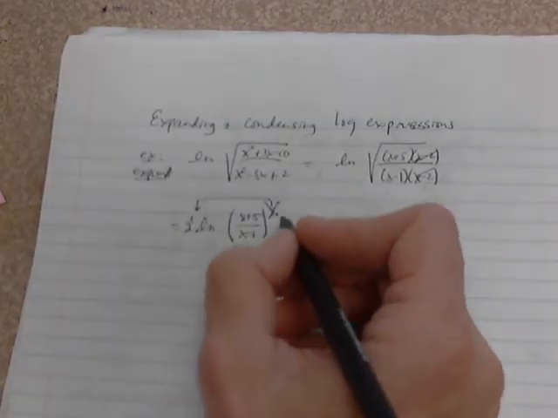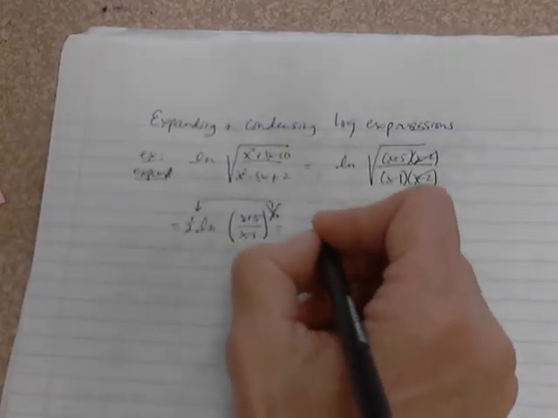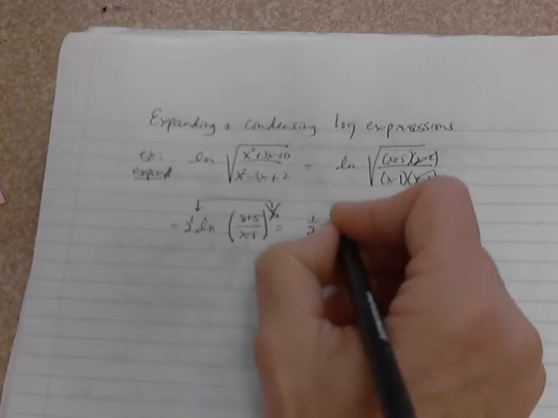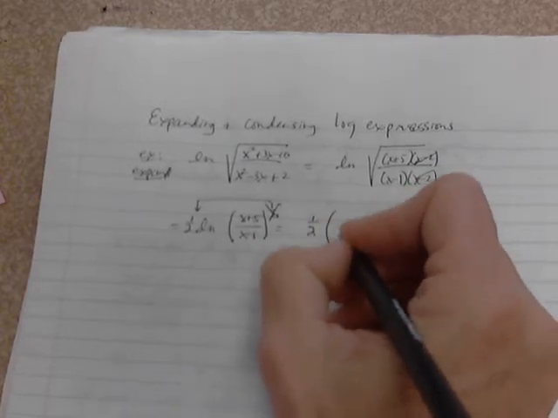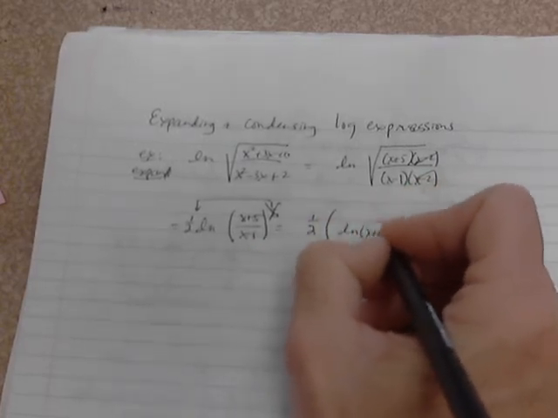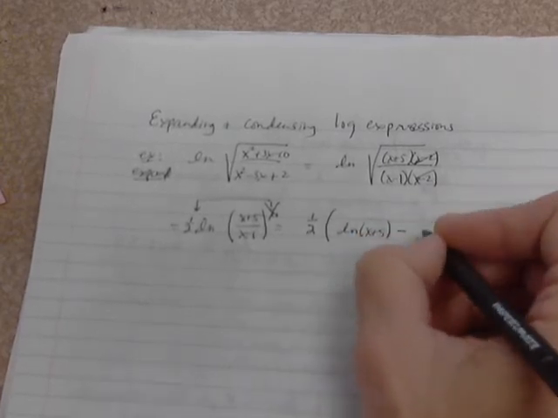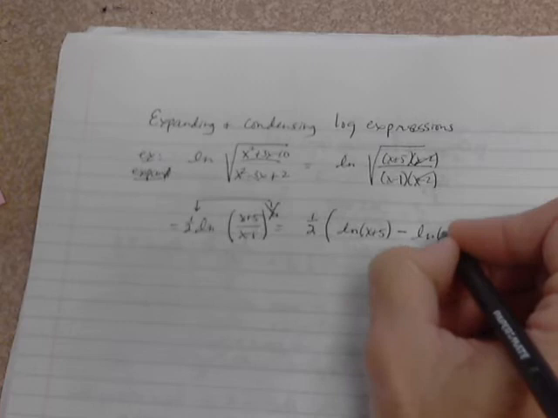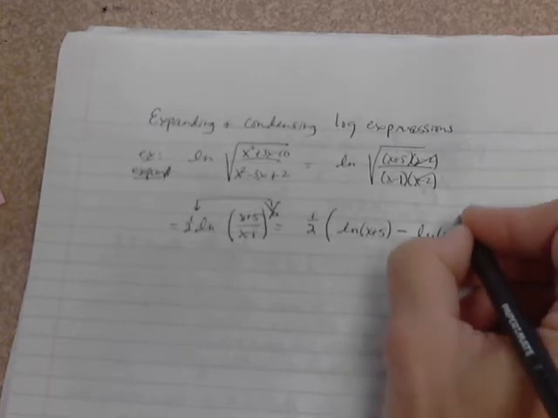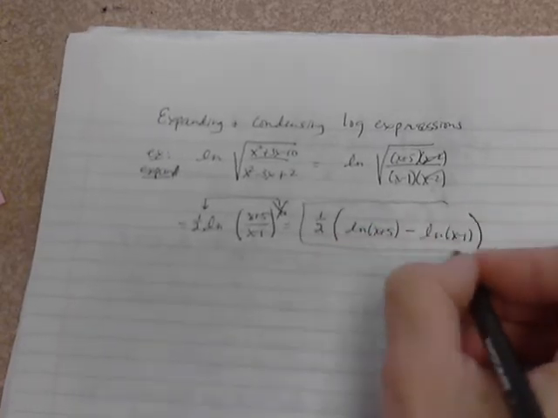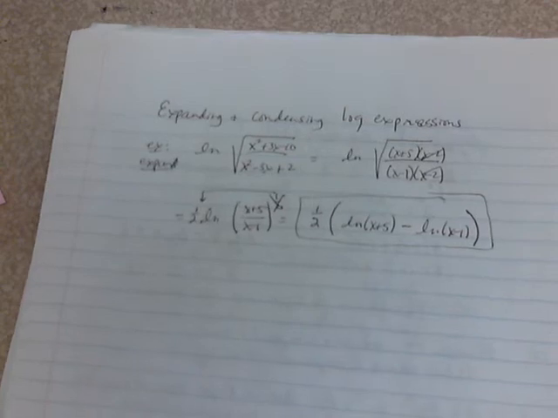And then you have a quotient rule that you're going to use. So this turns into 1/2 times, parentheses, the natural log of x plus 5, which there's no rule to expand. You're going to subtract from that the natural log of x minus 1, and then close the parentheses, and that's the final answer. So you could have done that last year in Algebra 2.